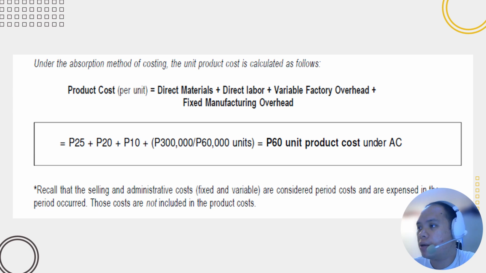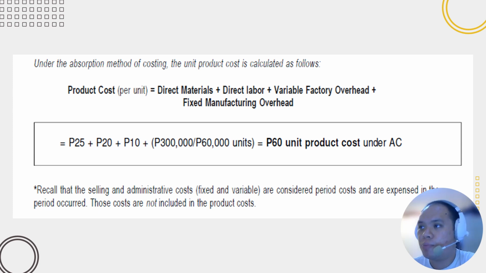Under absorption costing, all direct materials, direct labor, and manufacturing cost, be it fixed or variable, will be included in the product cost. That means 25 pesos for direct materials, 20 pesos for direct labor, and variable factory overhead of 10 pesos, plus fixed manufacturing overhead divided by 60,000 units, because that is the number of units produced.